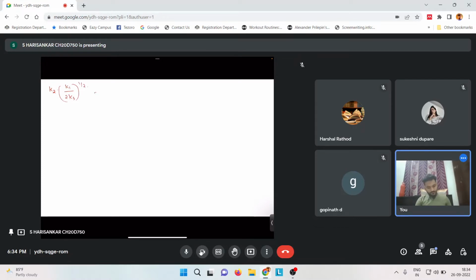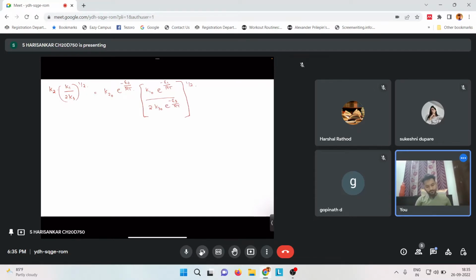Let's say this is K20 e raised to minus E2 by RT into K1, which will be K10 e raised to minus E1 by RT, by 2 K30 e raised to minus E3 by RT, the whole raised to 1 by 2. Okay.